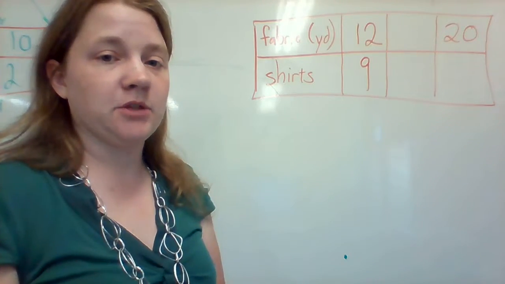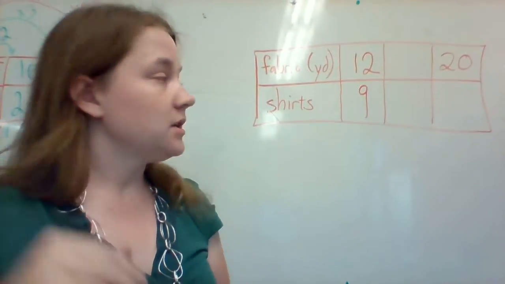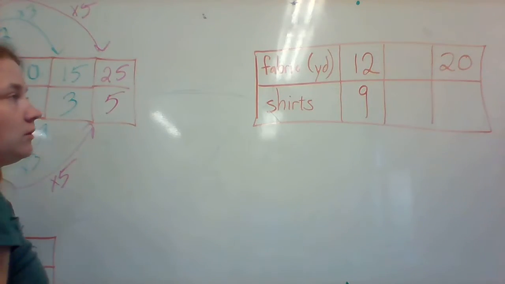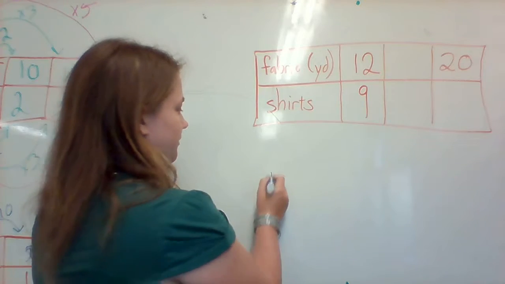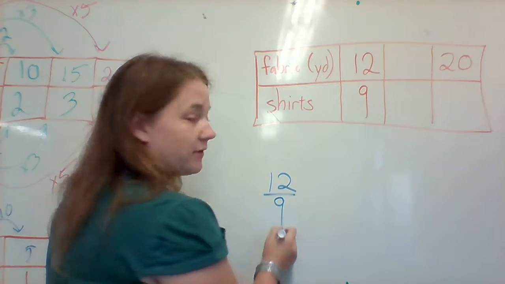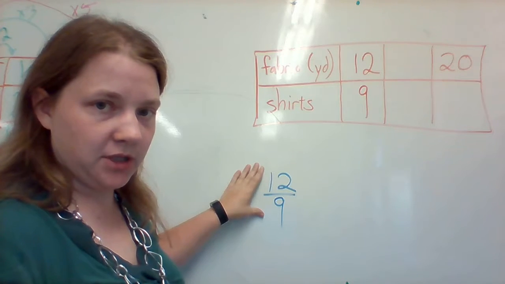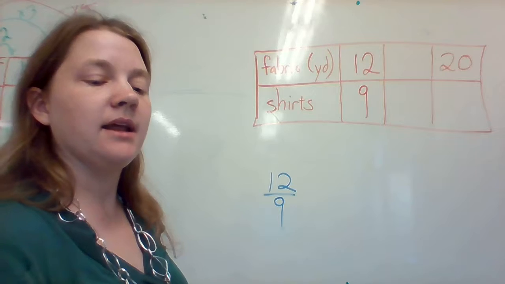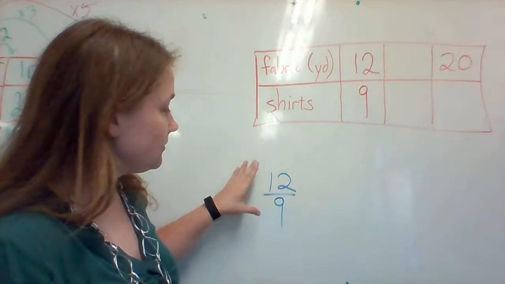Using our ratio tables, we're going to have to divide before we can multiply. So let's figure out what we can do here. What we're going to do is simplify. We're going to treat this just like a fraction. So if you have the fraction 12 over 9, even though this is an improper fraction and the bigger number is on the top, we're going to let it go for right now because we're looking at a ratio, and that's going to compare two things.